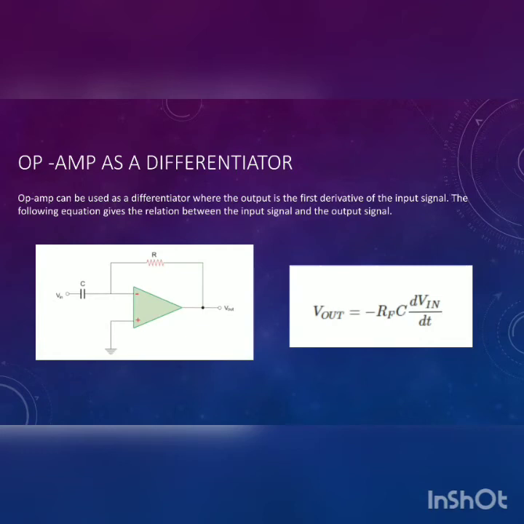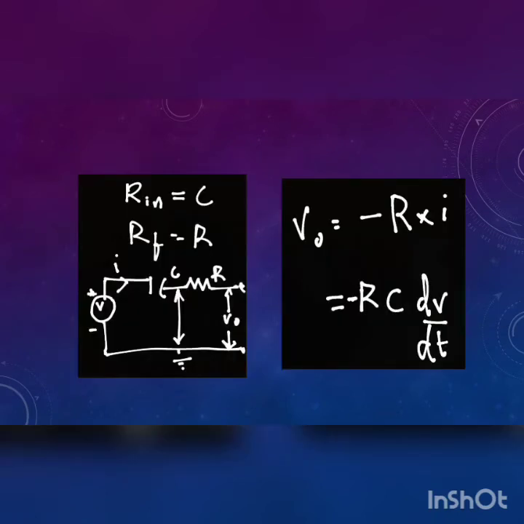Op-amp can be used as a differentiator. This can be achieved by keeping the input impedance capacitive and the output impedance resistive, which is exactly the opposite of what we saw in the integrator operation. In the differentiator, the output is the first derivative of the input signal.